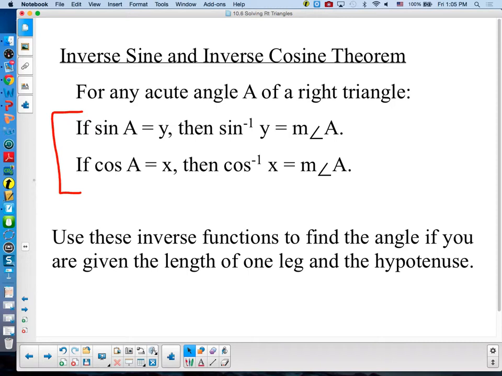I think I'll go to the board for just a little bit while some are finishing notes. I'm going to tell you the cosine of A is 0.6247. I want you to tell me the measure of angle A. How many degrees is the angle if its cosine is 0.6247?